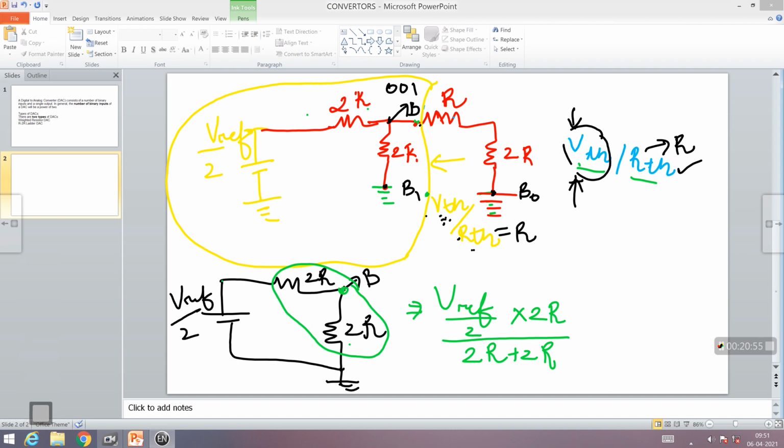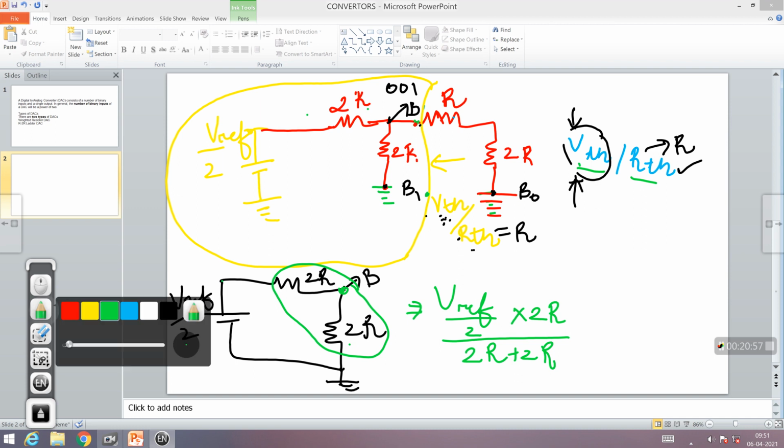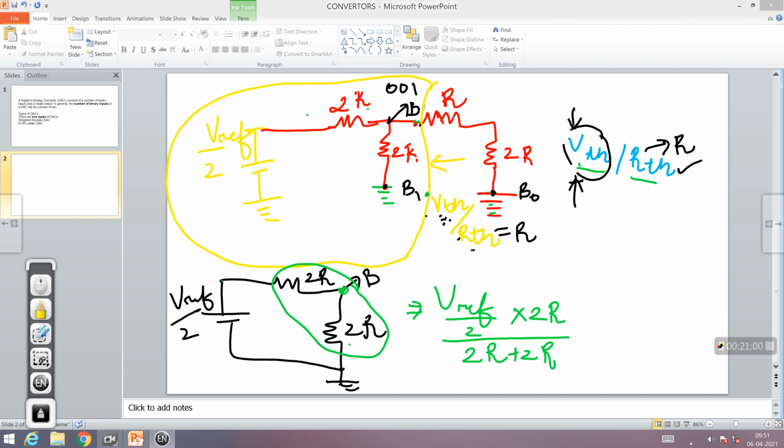When I solve this, this 2 and this 2 get cancelled. So I can rewrite it as Vref times R in the numerator. In the denominator it comes out to be 4R. Here R and R get cancelled. So the voltage comes out to be Vref by 4. So the voltage experienced at this point, VTH, is actually Vref by 4, and the resistance RTH is R.